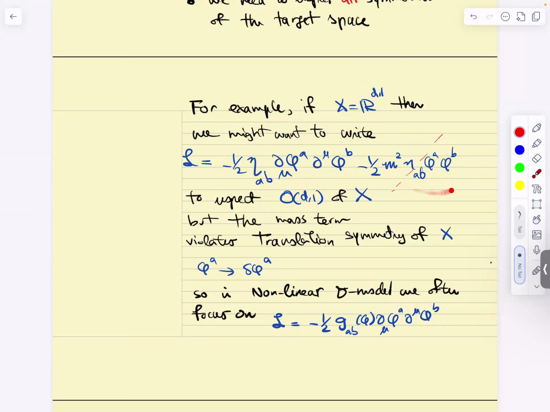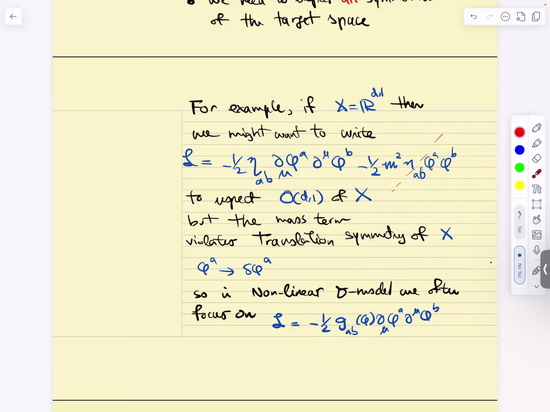But anyway, now this term, the mass term, is no longer allowed. Why? Because this violates symmetry. These two terms written down respect the Lorentz symmetry of this flat space, the Lorentz group. However, they don't respect the translation symmetries, right? This term explicitly violates translation symmetry, so you just drop it. In the linear sigma model, that is the reason that we often focus on this action, right?